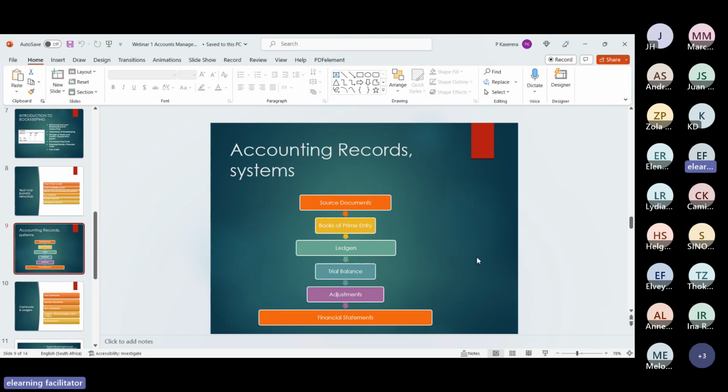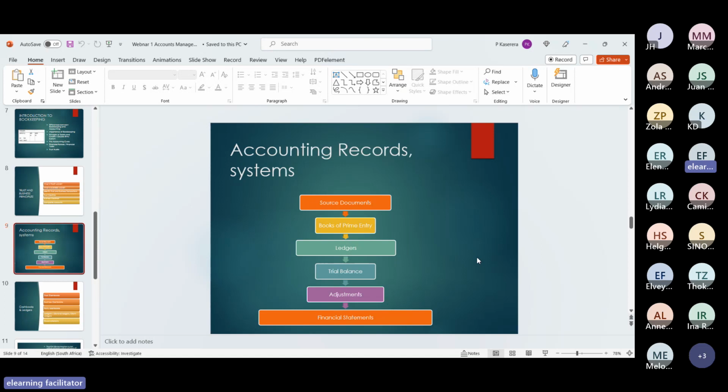These are the ones used to record from the source documents. From there, we've got our cash book. Our bank transactions are recorded through a cash book. And when it comes to our fees, we should have a fee journal that we use to record our fees. Those are our books of primary entry.